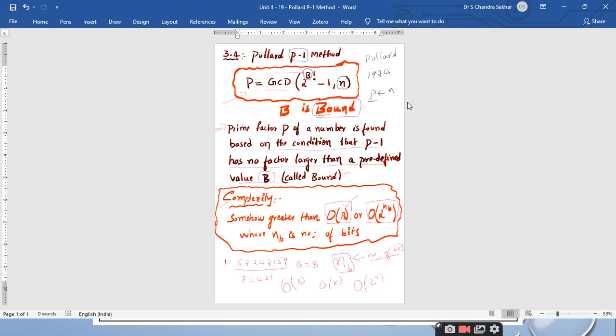So this is how the Pollard p minus 1 factorization method has been defined. Right. Is it clear? Yes, sir. Just remember these complexities, that's it, nothing more than that.